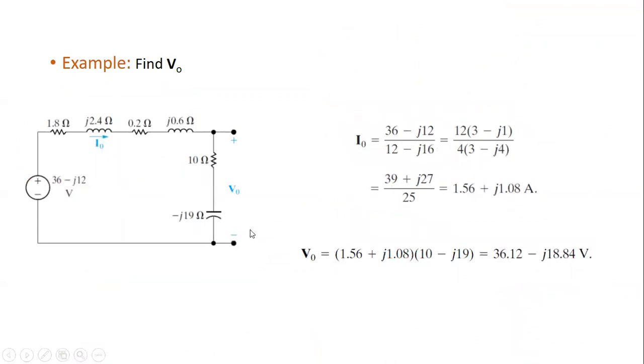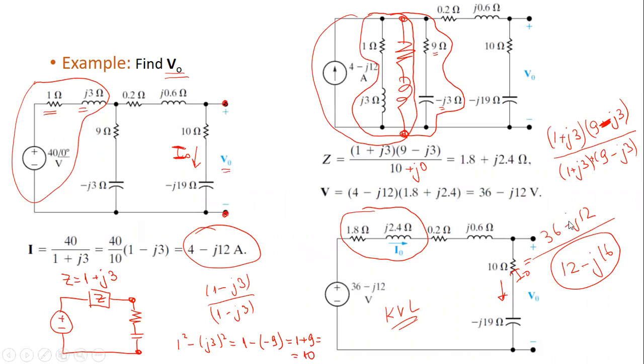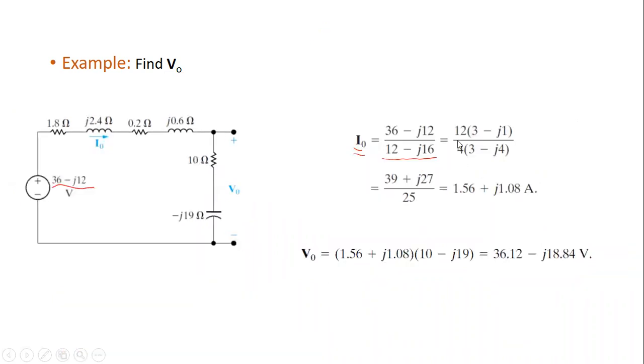So this is how to find the current. We have the voltage, 36 minus J12, divided by the total impedance, 12 minus J16. This is the same as what we found in the previous slide.